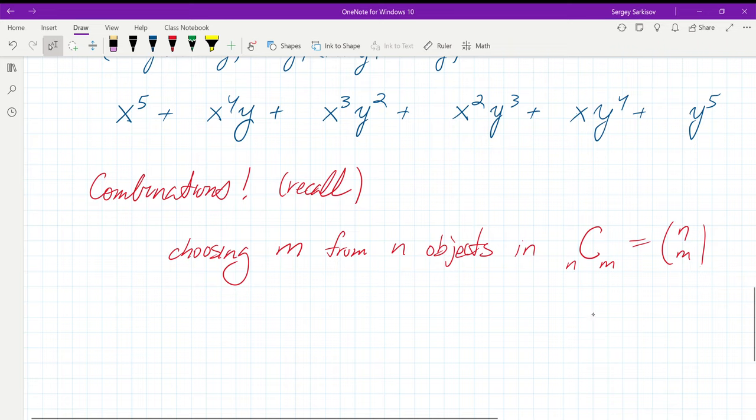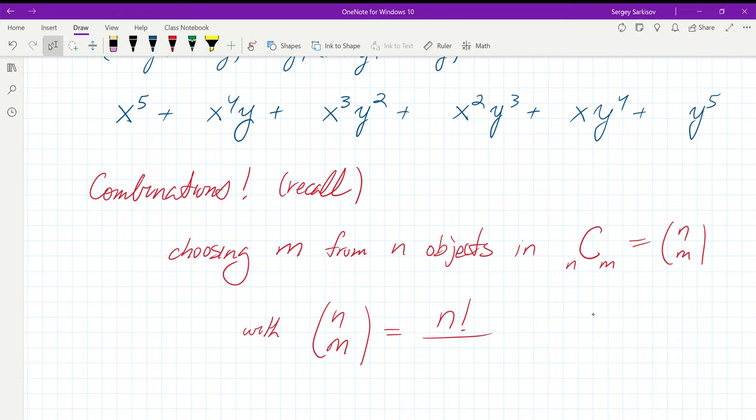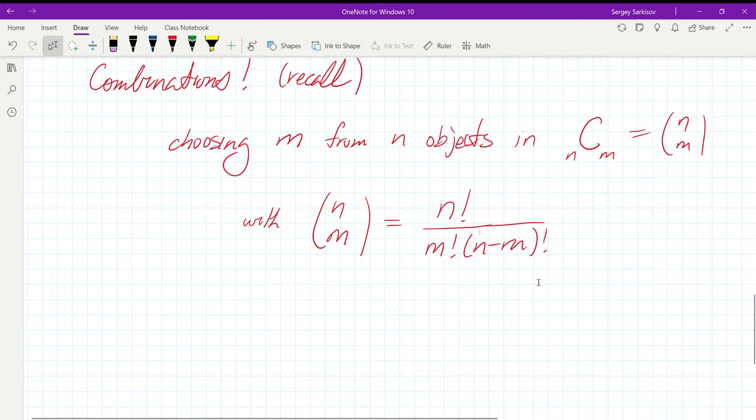And what is this equal to? n choose m equals n factorial over m factorial times n minus m factorial. So in other words, let's just do an example like 5 choose 2. And what is 5 choose 2?